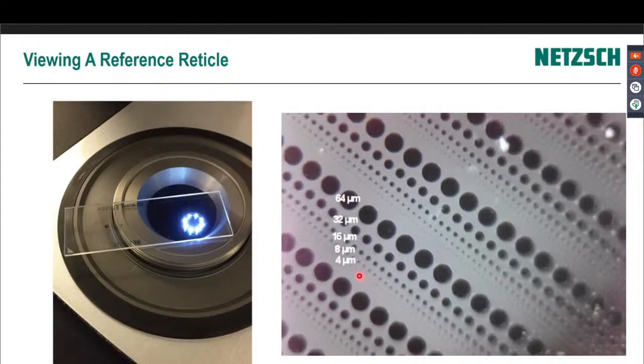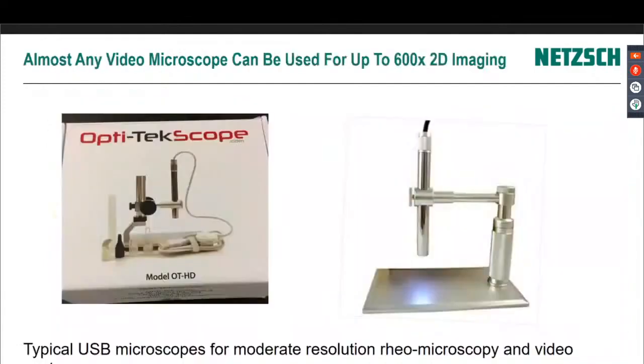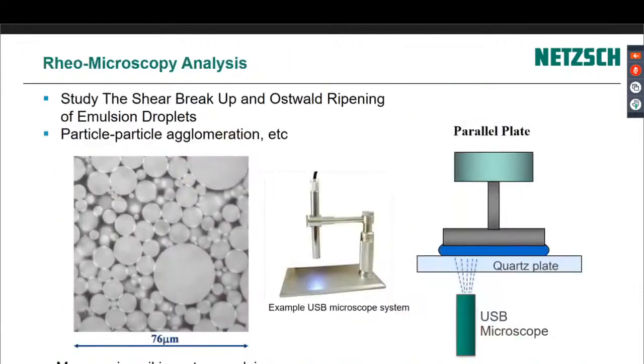And we can see here a line of 4 micron dots. That's actually pretty impressive. An 8 micron, 16, 32, and 64. So even 4 micron particles you can see under this microscope, just looking at it. This is the OptiTechscope, actually, which is available for the Connexus. But you could obviously supply any microscope you wanted.